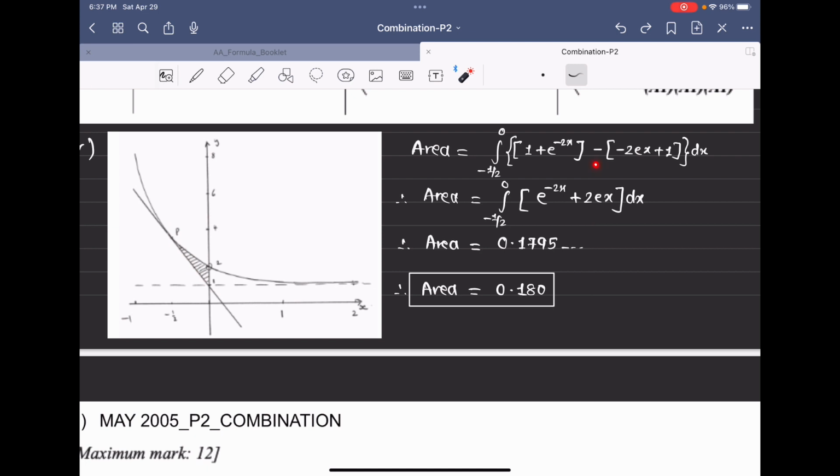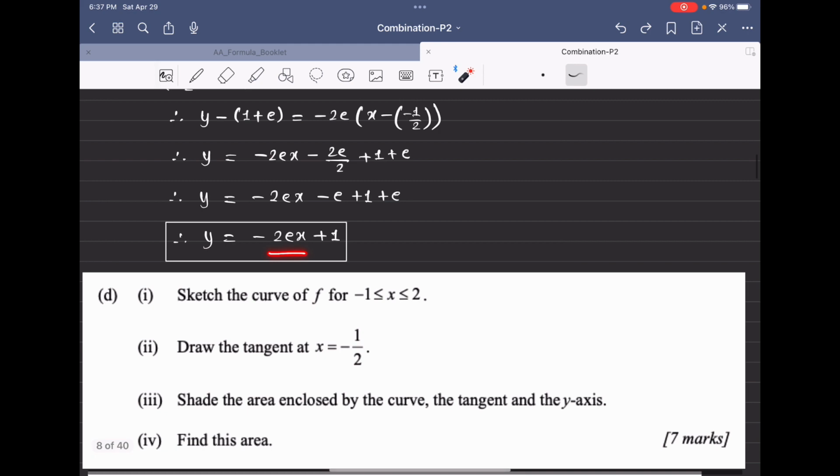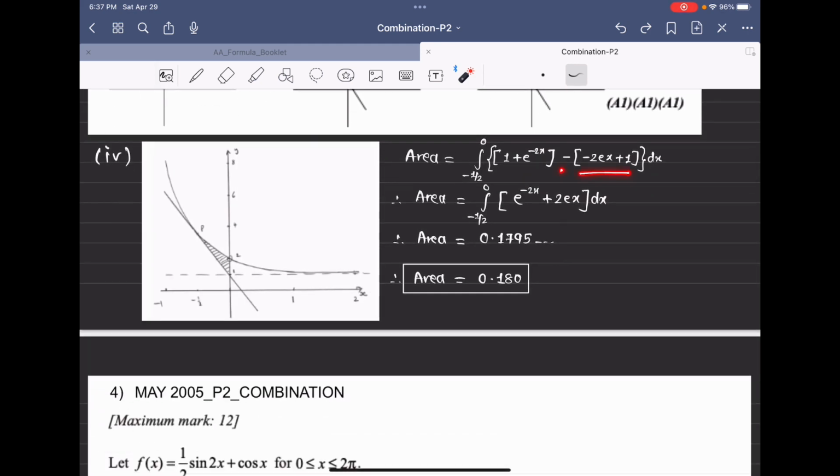So minus, and the tangent equation is -2ex plus 1, so I'm writing minus of -2ex plus 1. So area, limits -1/2 and 0, 1 as it is plus e raised to -2x, minus of minus becomes plus 2ex, and this becomes -1. -1 plus 1 get cancelled, so you are left with e raised to -2x plus 2ex.